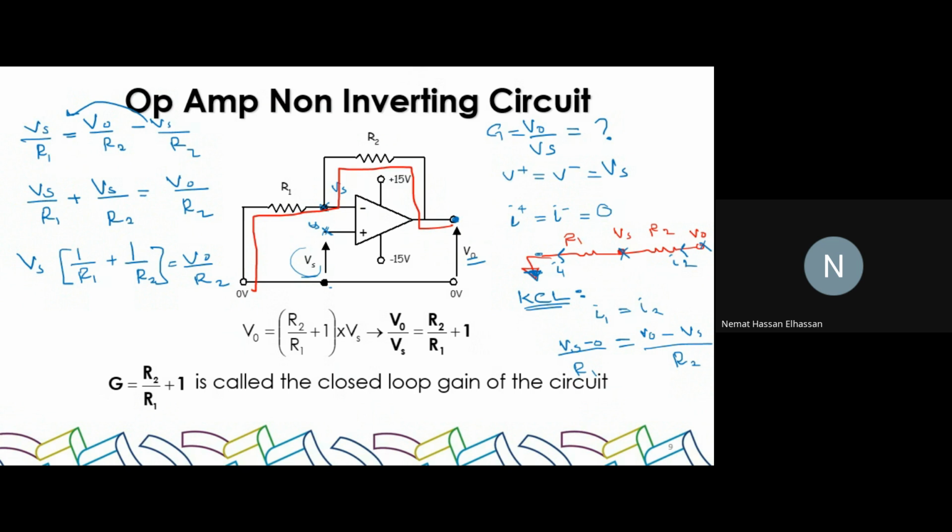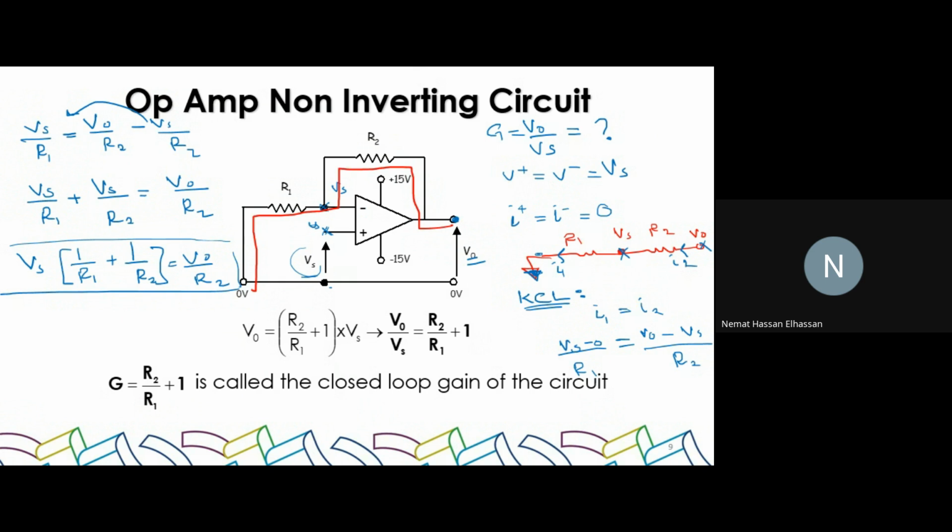Now from this step, can I find V out over VS? How do I find V out over VS? Cross multiplication, right?